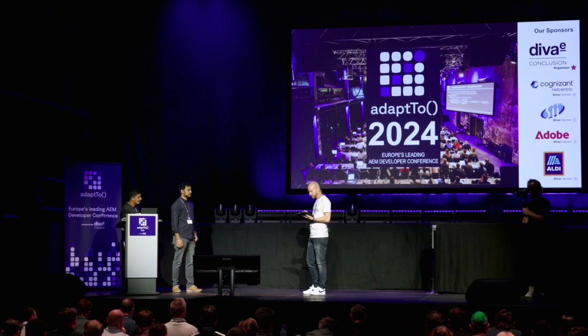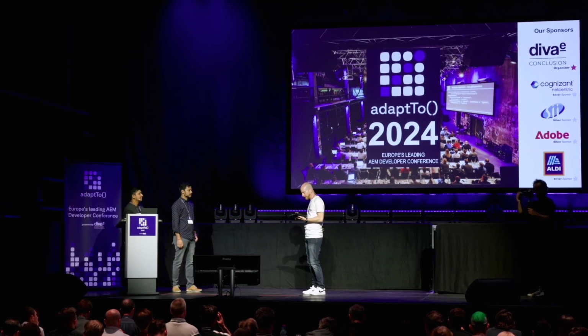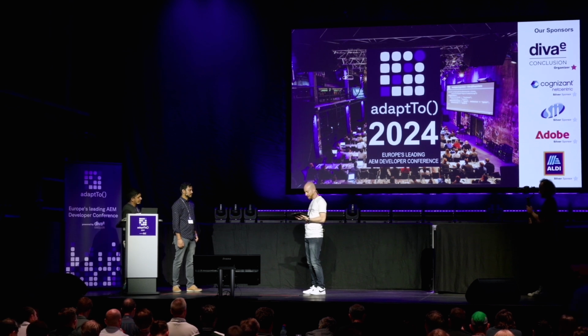AEM as a cloud service uses MongoDB as persistent backend. Locally and with the RDEs, or even 6.5 on AMS, on-prem, and so on, this is different. What are your recommendations for index tuning specific to the persistent backend?